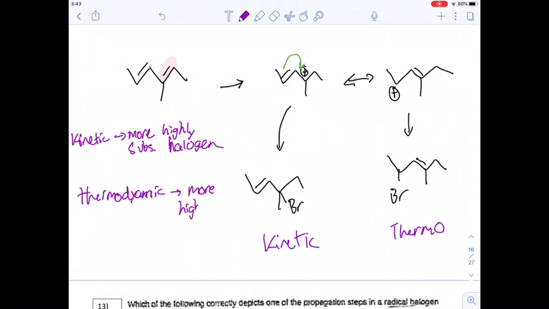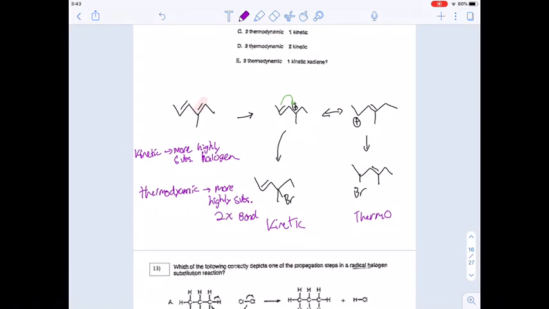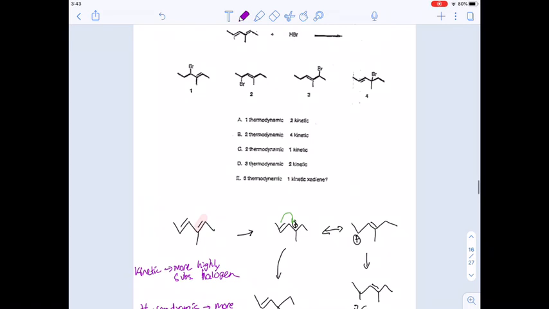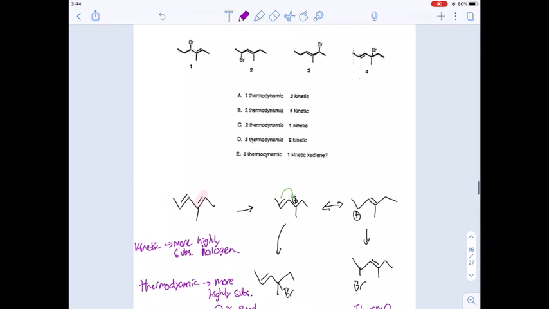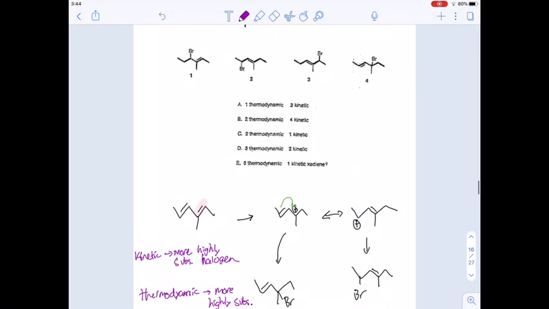And thermodynamic is the more highly substituted double bond. And this will always be the case.